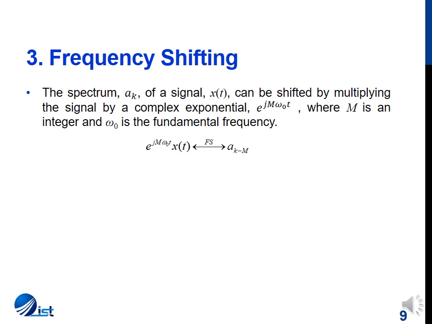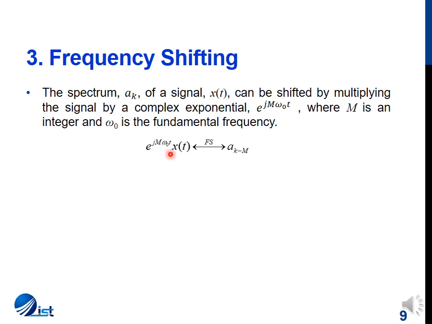This property can be seen from the frequency domain side, and we can see that if the spectrum of a signal is shifted, this means that in the time domain a complex exponential is being multiplied by the signal. However, in this case, the sign of the complex exponential is different from the sign of the shift. For example, if m is positive, then this means that the spectrum has experienced a delay, whereas in the time domain, a positive power exponential is being multiplied by x of t.